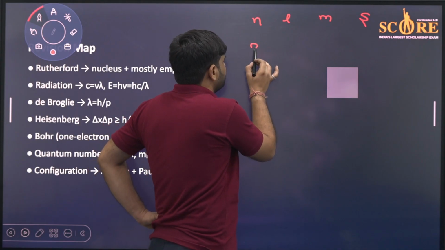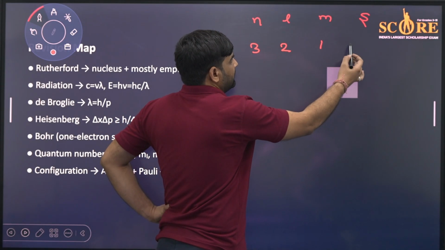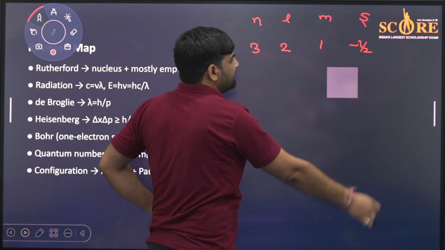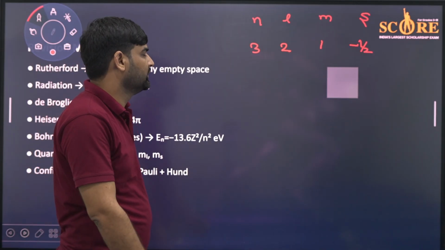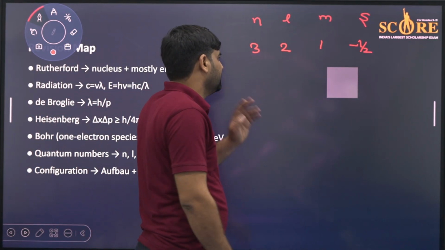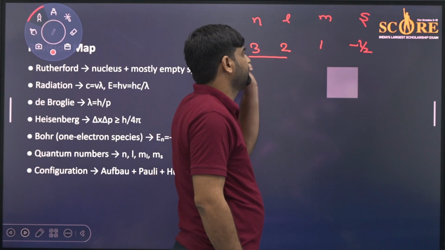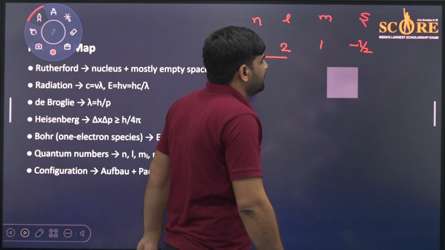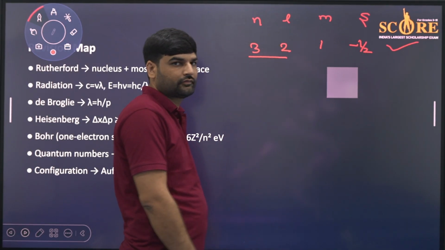Here is a set 3, 2, 1, -½. You have to decide whether this is correct or not. So N is greater than L, M is -L to L and S is -½, so this is correct. Okay.